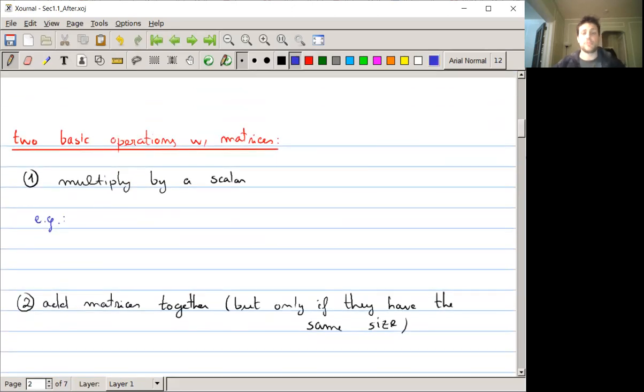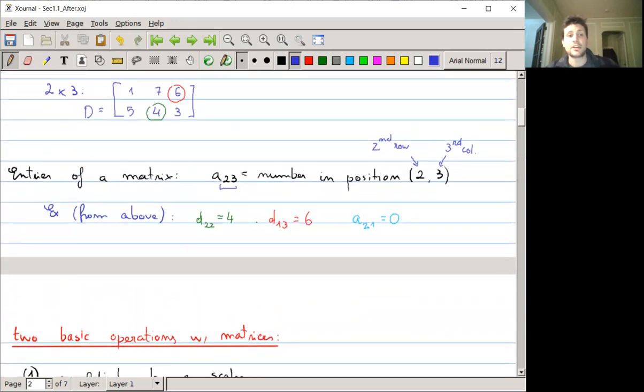What can we do with matrices? Essentially, you should think of a matrix as a much more generalized way to handle numbers. So we can do some of the operations that we can do to numbers. For example, it's very possible that we can multiply a matrix by a scalar.